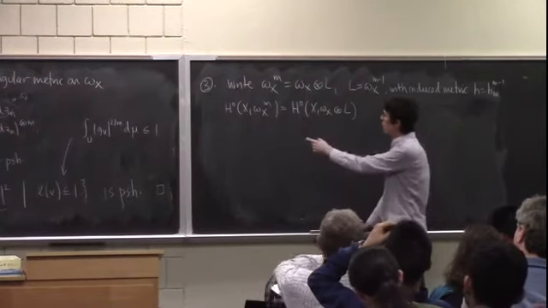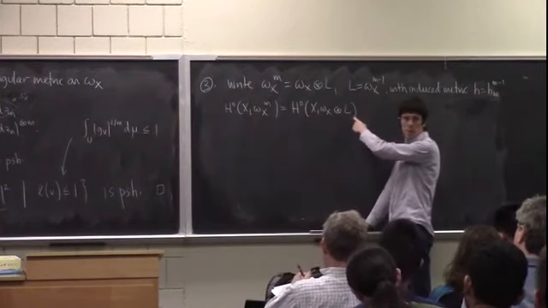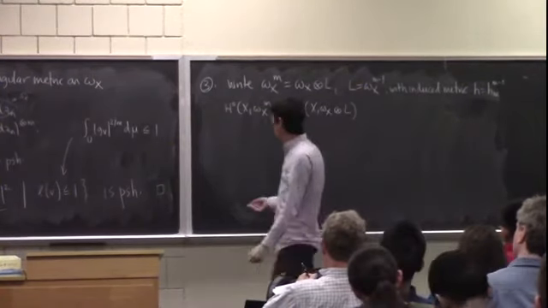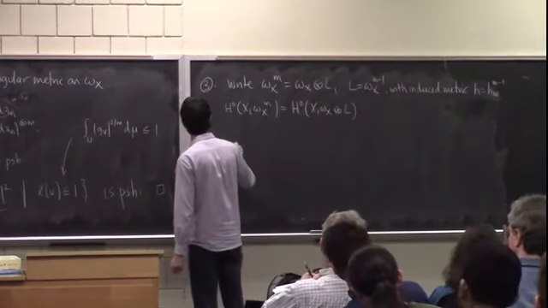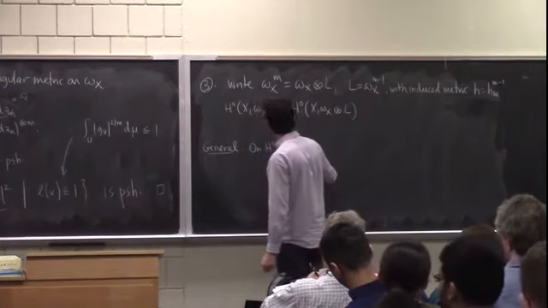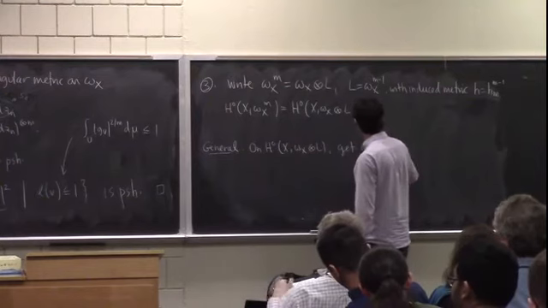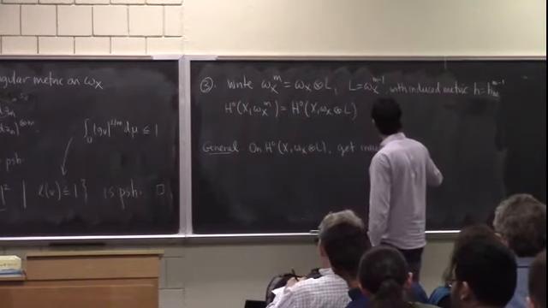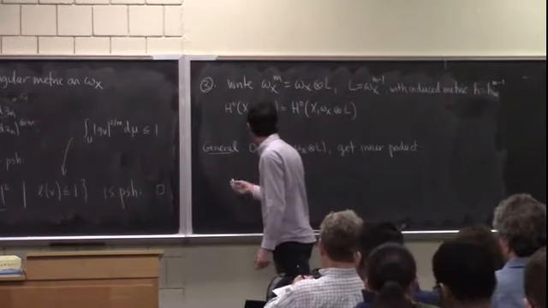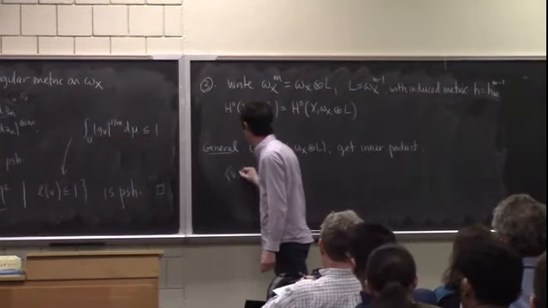And now the thing is, in general, if I'm in this kind of setting, I have the canonical bundle twisted by some line bundle, and the line bundle has a metric. On this kind of space, I always get an inner product. So in general, if I have two sections, let's call them V and W again, I can define their inner product.